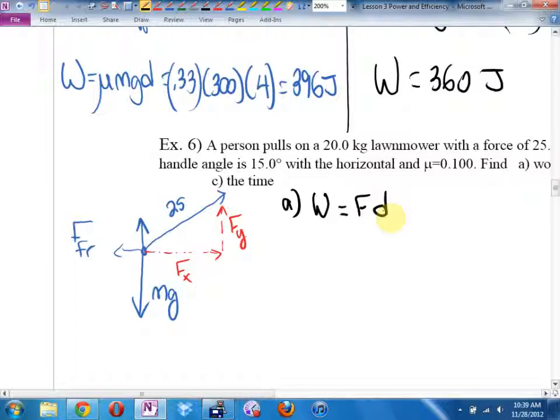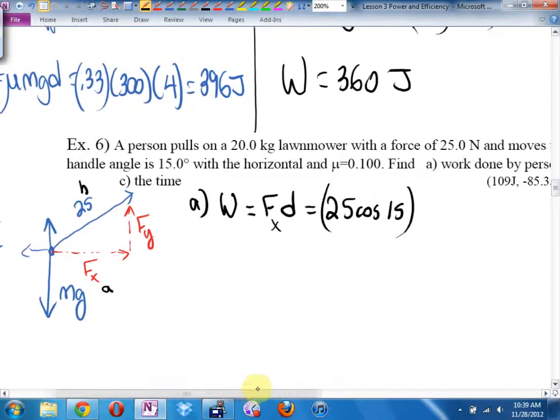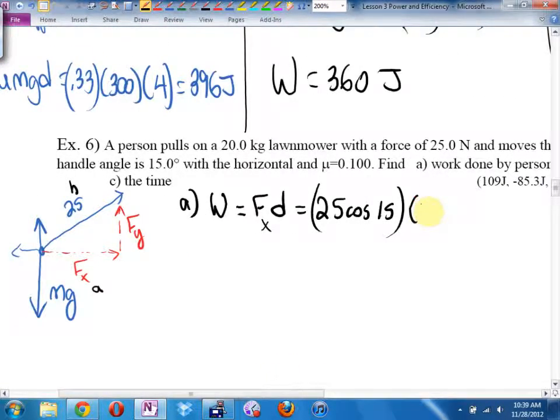This is where direction does matter, right? So it's actually going to be Fx times d. What is Fx? Adjacent, hypotenuse. You know what? It's going to be 25 cos 15 times, what's the distance? 4.5?